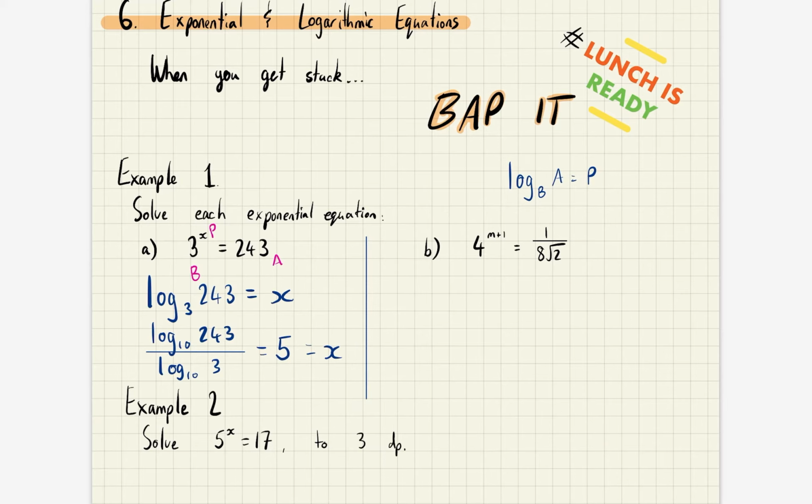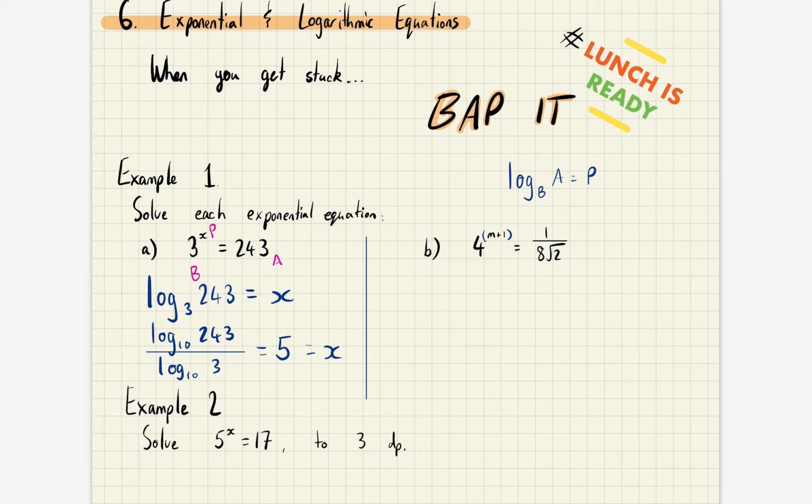Now part B involves a little bit more, but it's not that much more. The first thing I'm going to do is put brackets around the m plus 1. So it's 4 to the power of m plus 1, which is equal to 1 over 8 times the square root of 2. You can see we're bringing in some surds here, but it all still works.